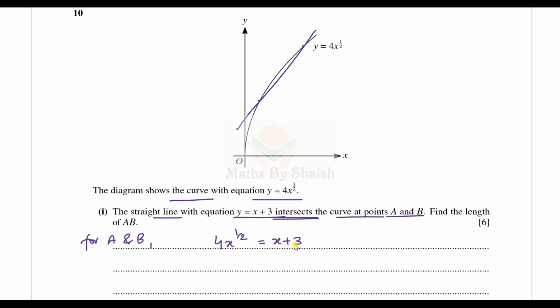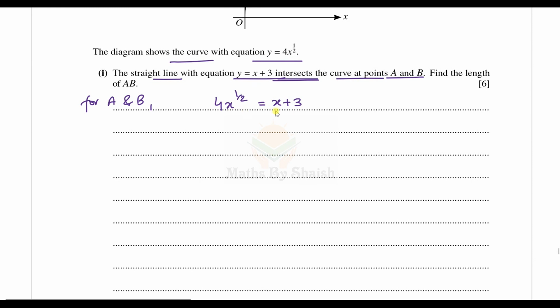Now we need to solve this to get the value of x. So let's take the square of both the sides. We'll get 16x is equal to x plus 3 whole square, that is x square plus 6x plus 9, or we can rewrite it as x square minus 10x plus 9 is equal to 0.